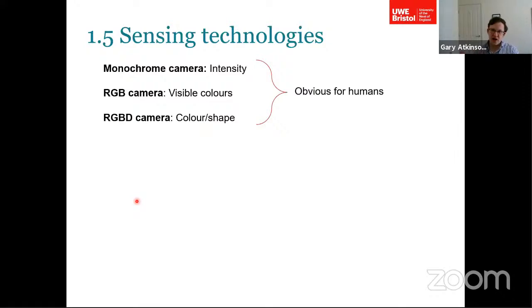When you think about how we might want to apply a computer vision algorithm to a particular problem, it's only natural that we draw on our human experience. Our human eyes are sensitive to the intensity of light. So it's not surprising that standard cameras, whether a monochrome camera or a color RGB camera, have dominated the field of computer vision for a long time.